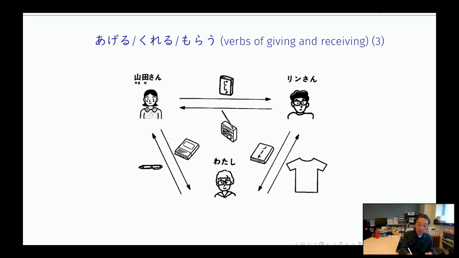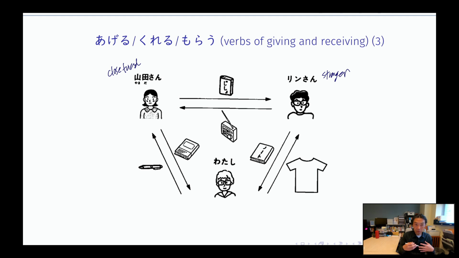So let's pretend that this is 私 and Yamada-san is your close friend, and Lin-san is a stranger. Okay, so 私 is in-group. You are the center of the universe, and Yamada-san represents in-group.